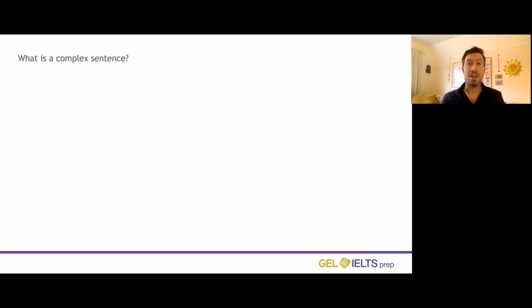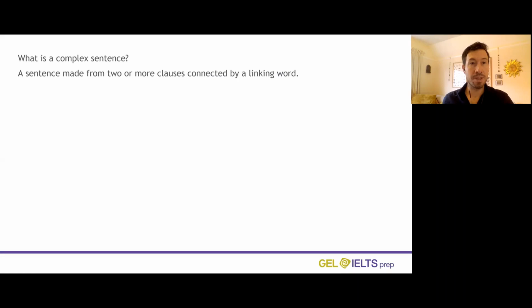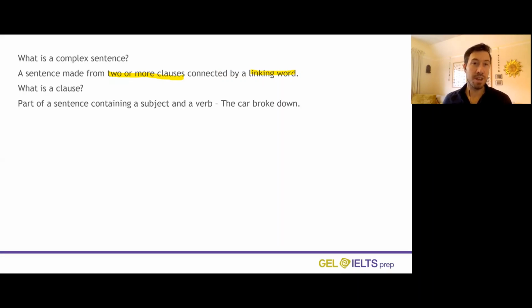So let's start by looking at what is a complex sentence. Well, it's a sentence made from two or more clauses connected by a linking word. So we first need to understand what is a clause. Well, a clause is part of a sentence containing a subject and a verb.